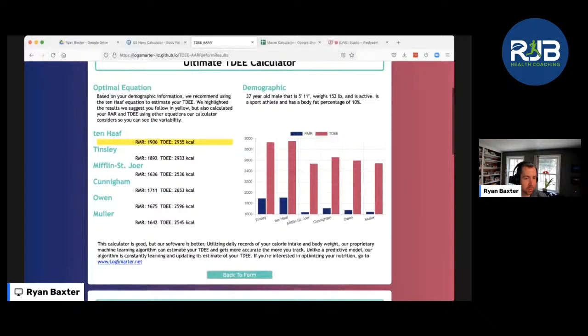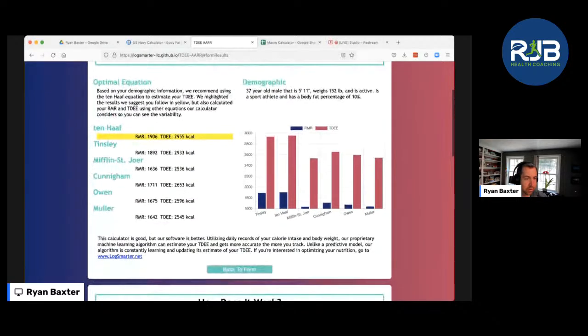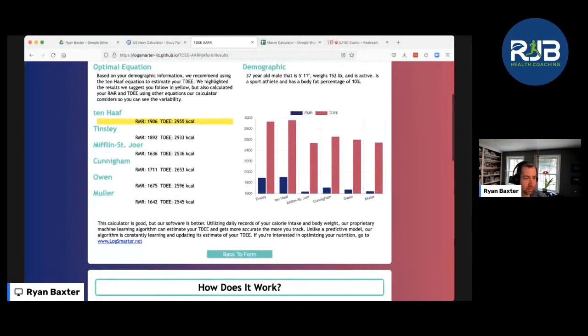But you can see here we got a whole bunch of different estimates as to where I might fall as far as caloric expenditure. They're somewhat similar, right? This one being the highest one, and this one, oh no, I'm sorry, this one's the lowest one, right? So it's estimating anywhere between 2,500 calories and almost 3,000 calories.